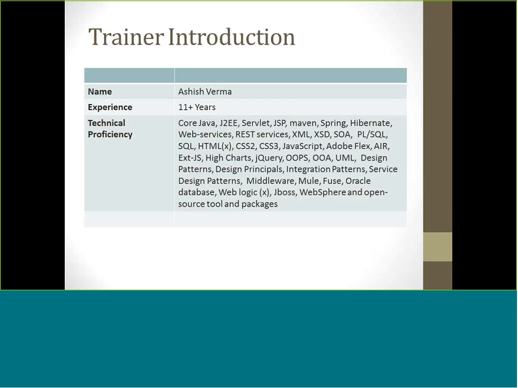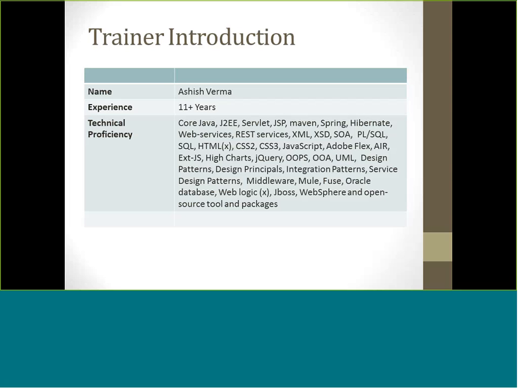Okay, so just to answer your question related to the Oracle certification: earlier it was SCJP, but now it is OCJP, the Oracle Certified Java Programmer, and the current version is 7. So we do the training for Java using JDK 1.7.